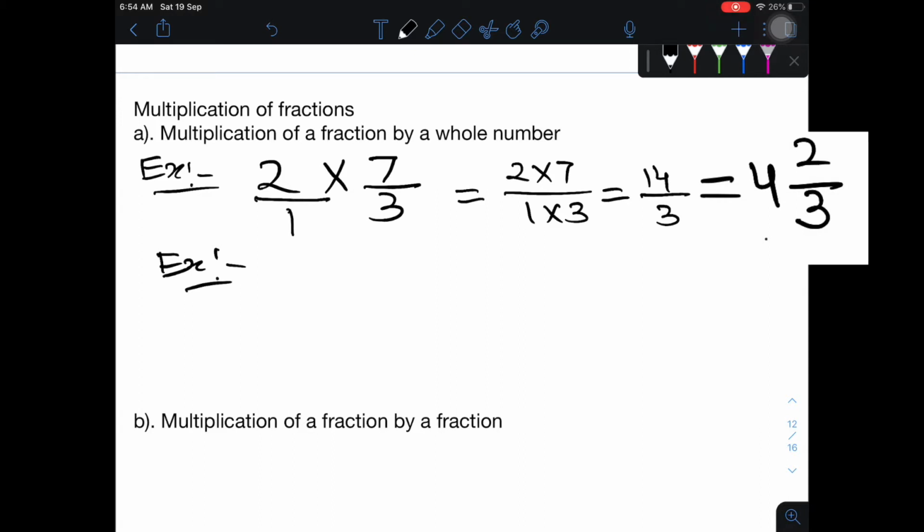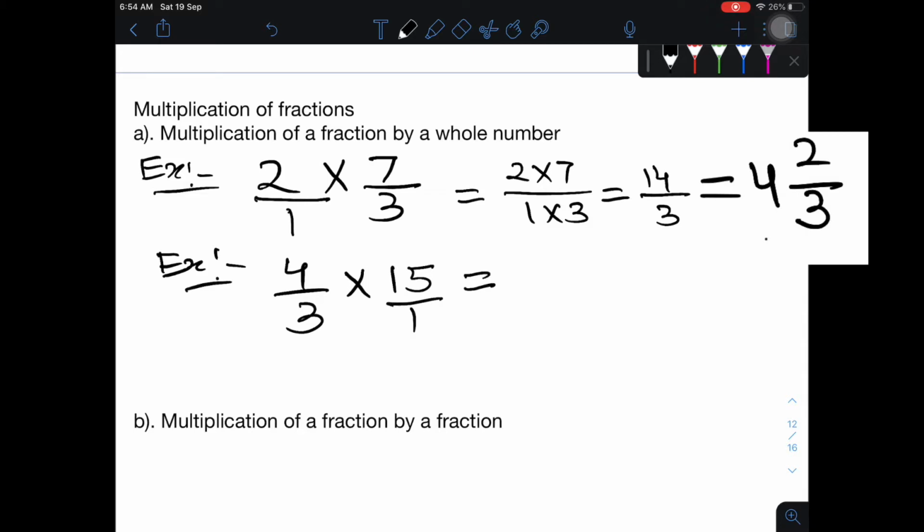Suppose it is given like this: 4 by 3 multiplied by 15. How will you do it?